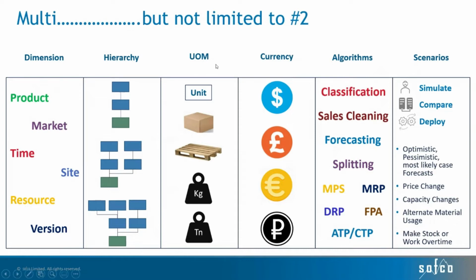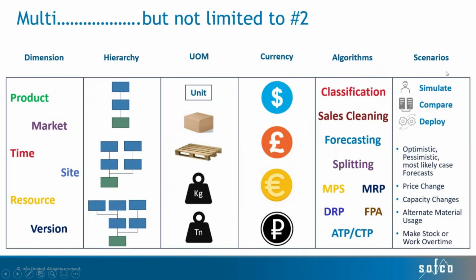Customers want to see plans in multiple units of measure, financialized in multiple currencies if they are a global organization, and depending on the process, they require multiple algorithms through the forecasting, supply planning, and scheduling processes.